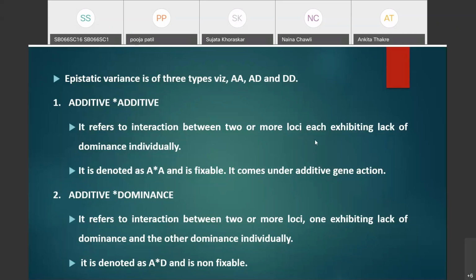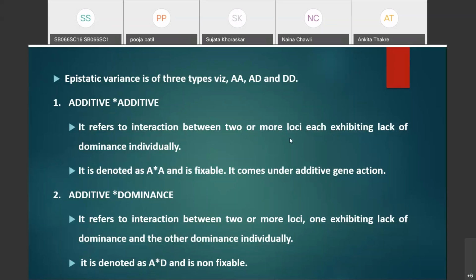Here we have discussed the additive into additive, which is the interaction between two or more loci, each exhibiting the lack of dominance individually. But additive into dominance refers to the interaction between two or more loci, one exhibiting the lack of dominance and the other dominance individually.